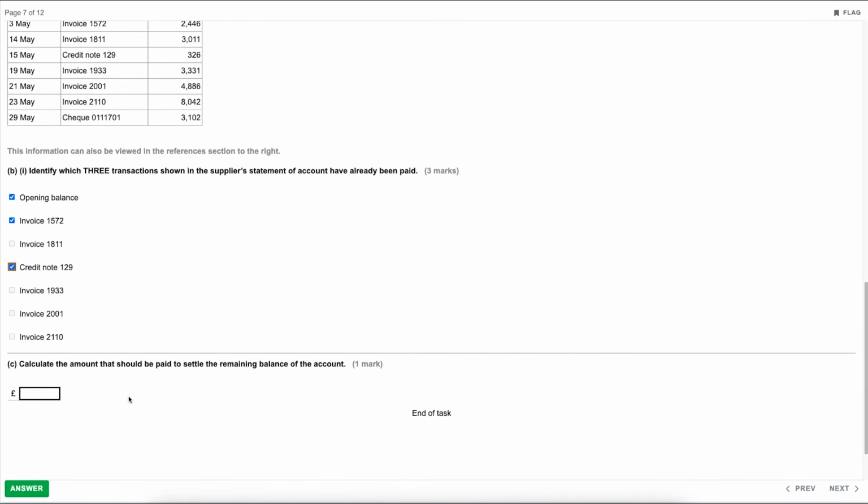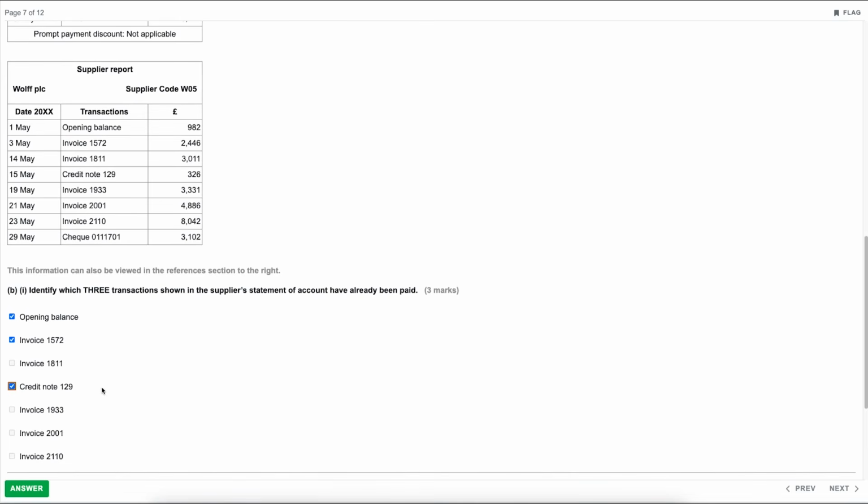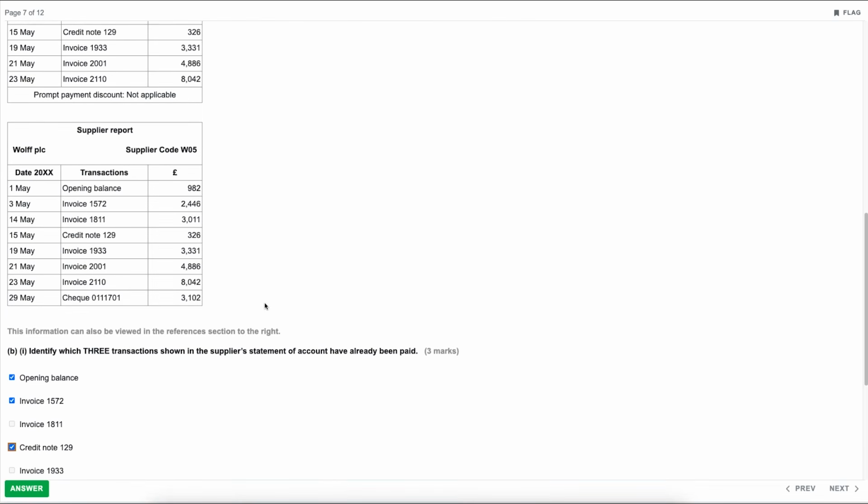So the final part, Part C, says calculate the amount that should be paid to settle the remaining balance of the account. So all we would do, now that we've matched each of these three off, is see what the amount remaining is still to be paid.